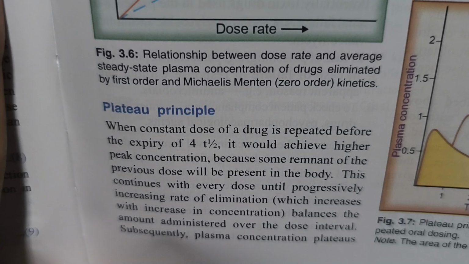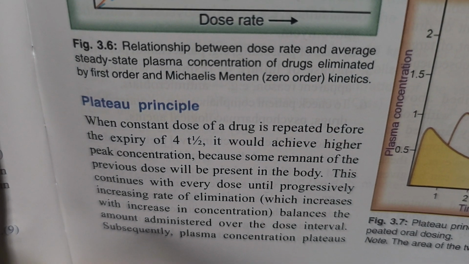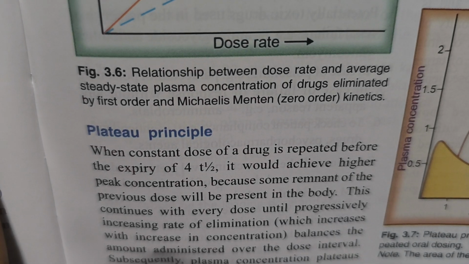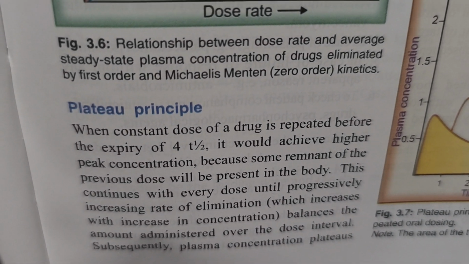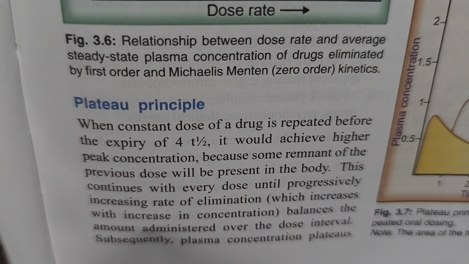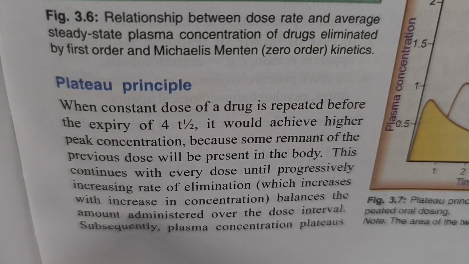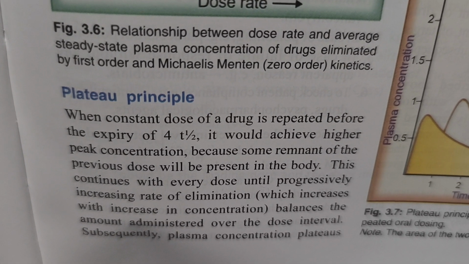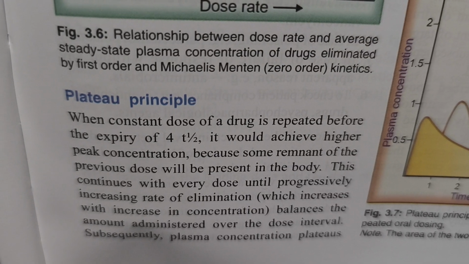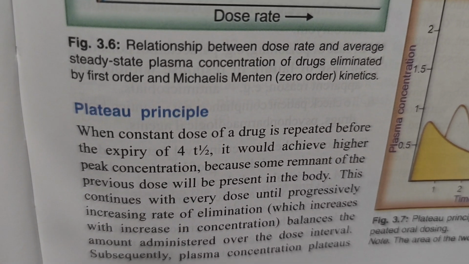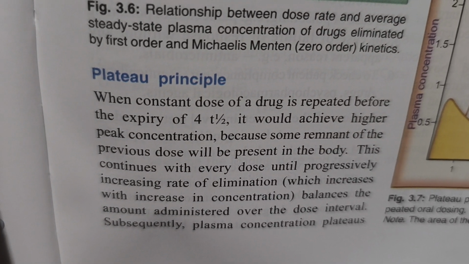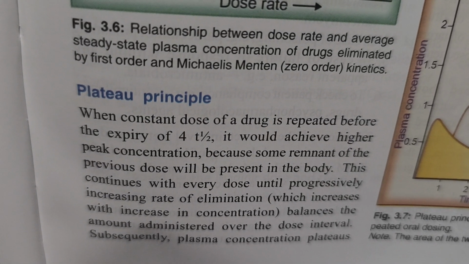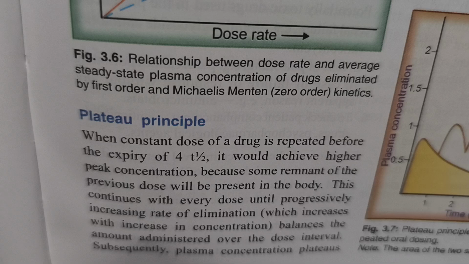When a constant dose of a drug is repeated before the expiry of 4 half-lives, it would achieve higher peak concentration because some remnant of the previous dose will be present in the body. This continues with every dose until the progressively increasing rate of elimination, which increases with increase in concentration, balances the amount of administration over the dose interval.